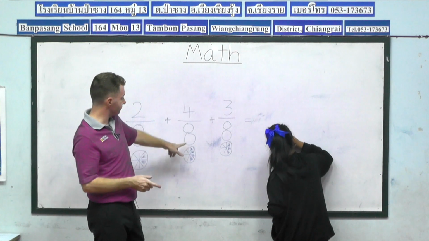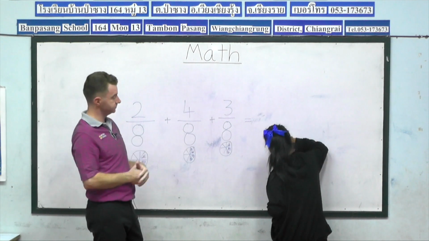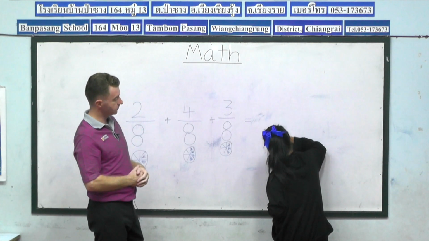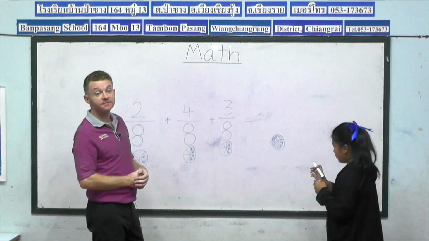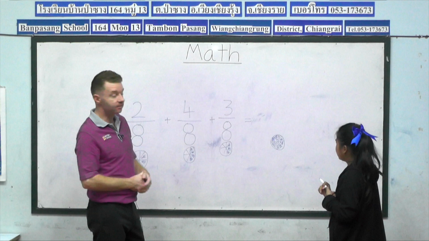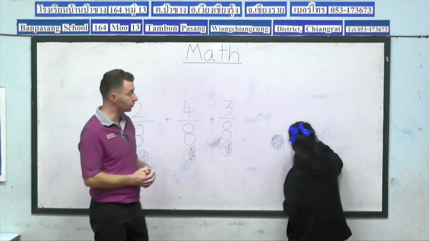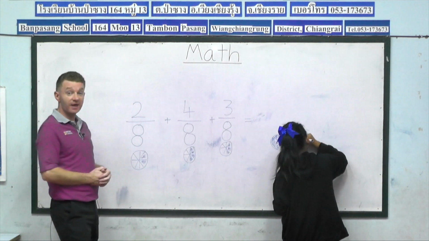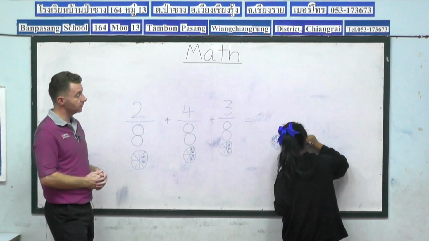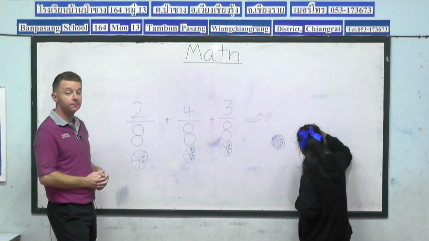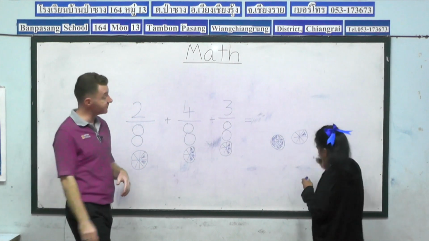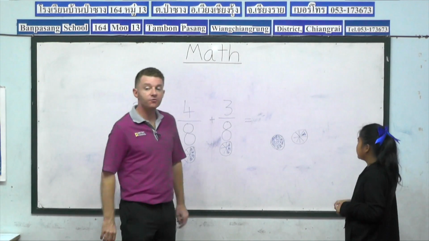Because how many parts does the circle have? 8. And how many parts do we need? 9. So that means we need one more circle cut into 8. And how many parts of this circle are coloured in blue? 1. Well done, Nadia.